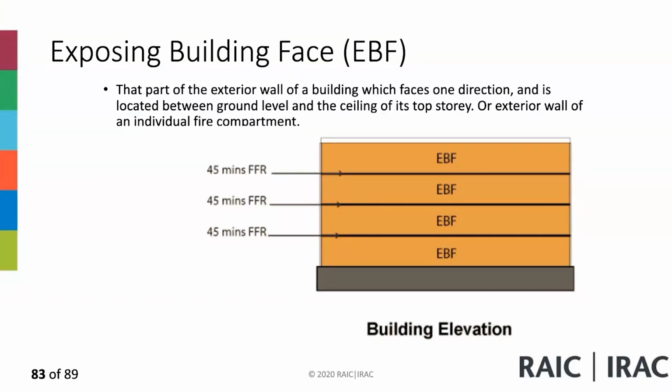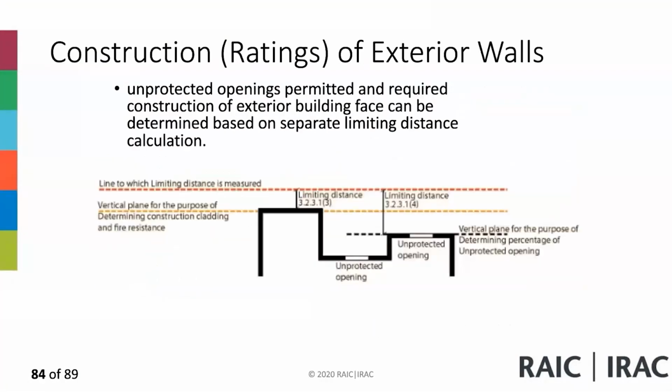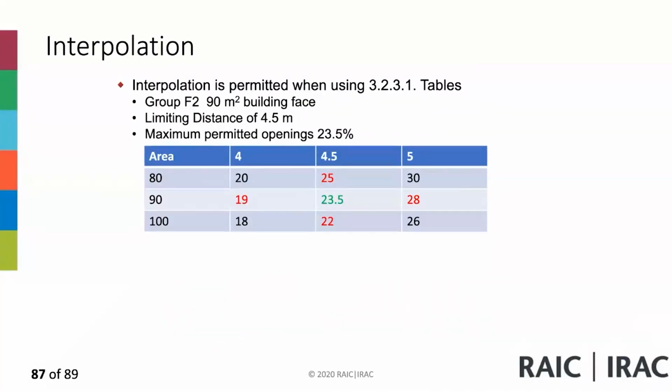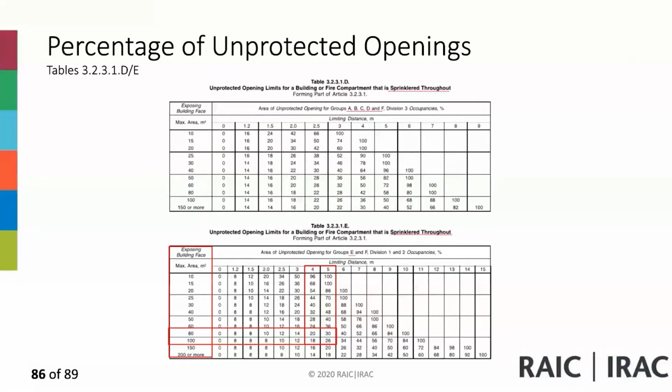And based on your limiting distance, you know the percentage of unprotected openings you can have. So the table shows it to you. I'm not sure if we showed the table here. Okay, here's the table. This one is table 3.2.3.1D. Table 3.2.3.1B is for unsprinklered buildings.